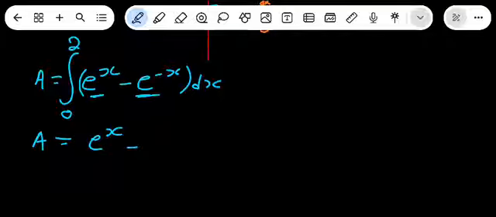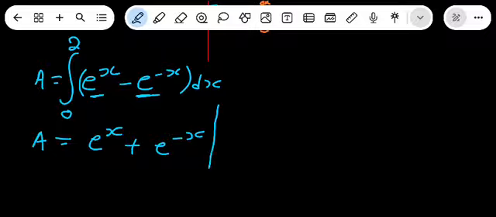We'll have minus, right? The integral of e to the minus x will be e raised to the power of minus x divided by the derivative of minus x, which is minus 1. So the minus 1 and the minus sign cancel. We'll have positive.